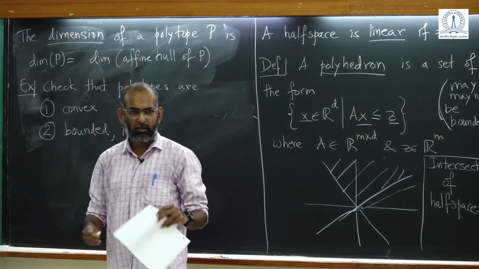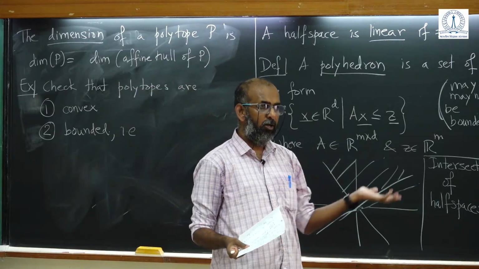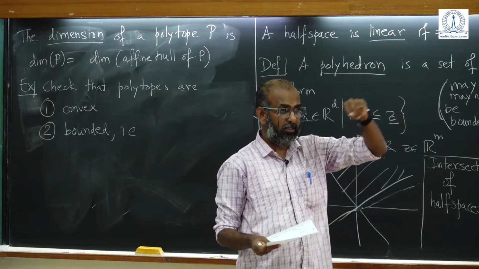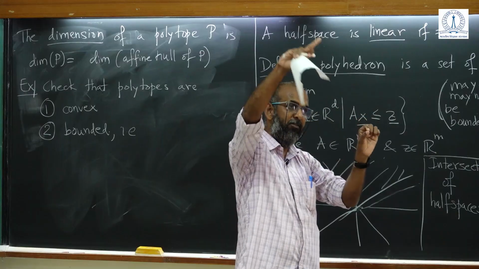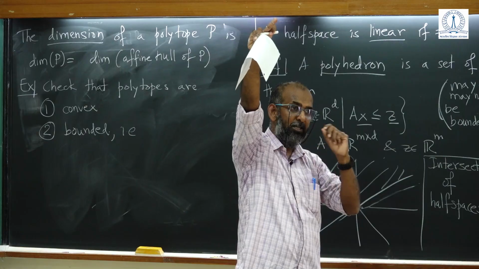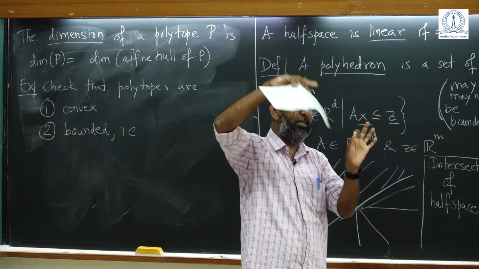Okay, yeah, we can. That's another way of saying it. There's a sphere that contains it, or you can say that it does not contain a ray. That you take a point and you take a vector, which runs off to infinity in that direction. The set should not contain any such ray.